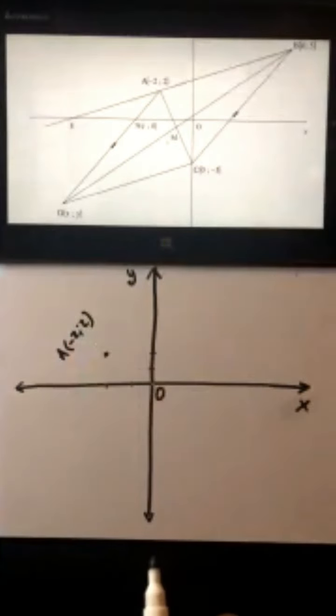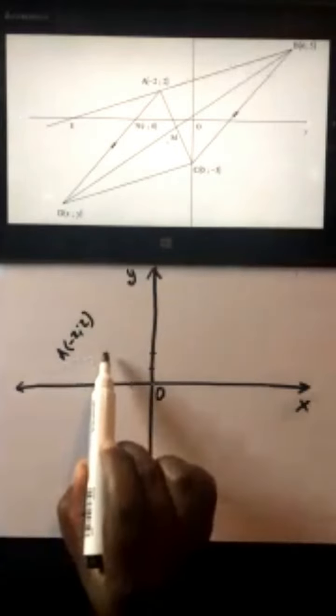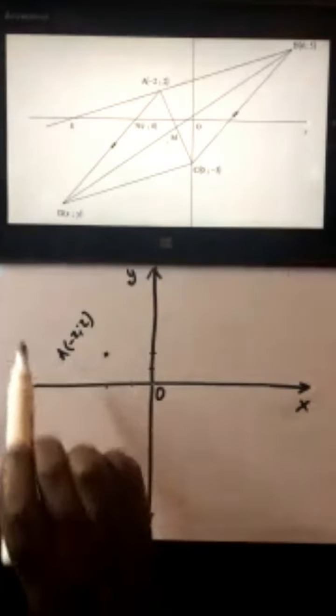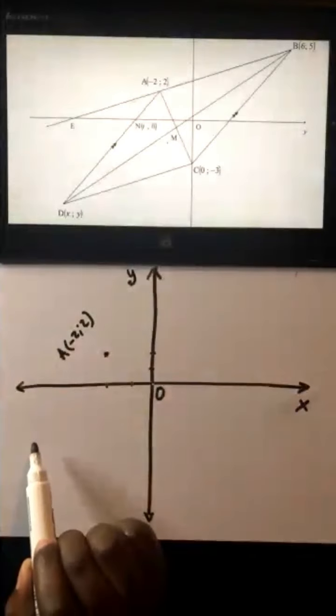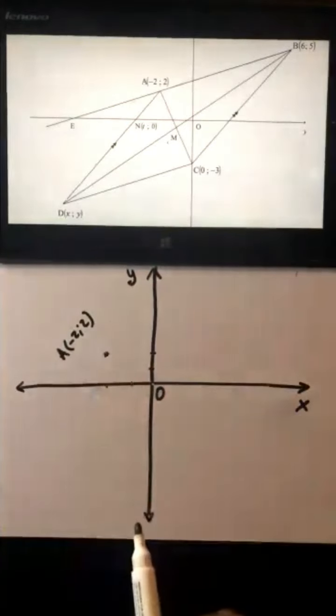Okay, so notice something, guys. Even if that A is written a bit far away from that point, it doesn't matter whether it's written somewhere there or wherever in that quadrant. We know it refers to that point.